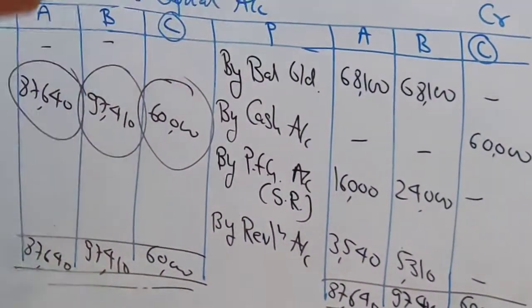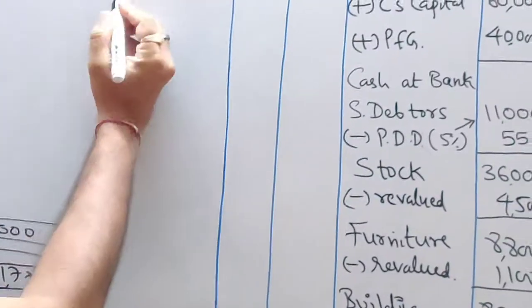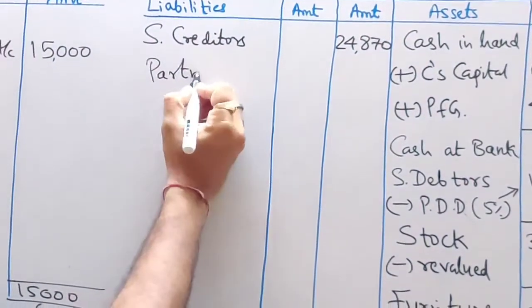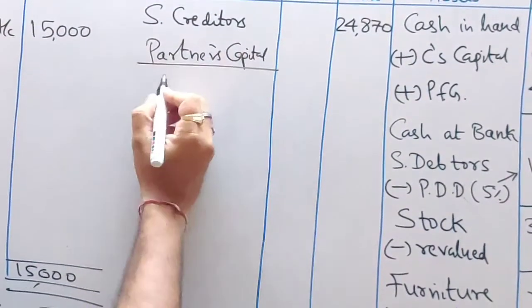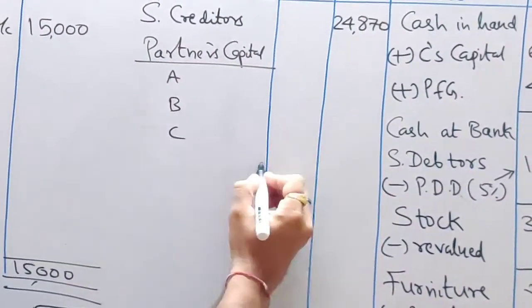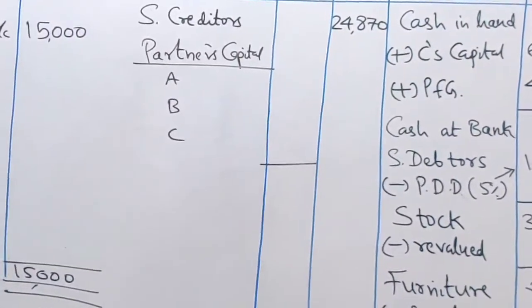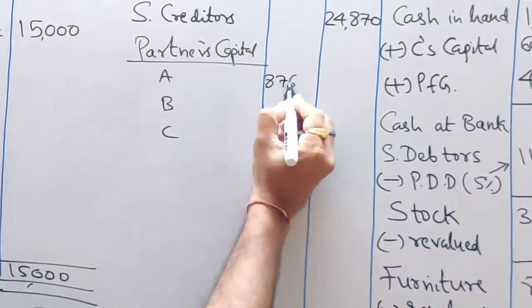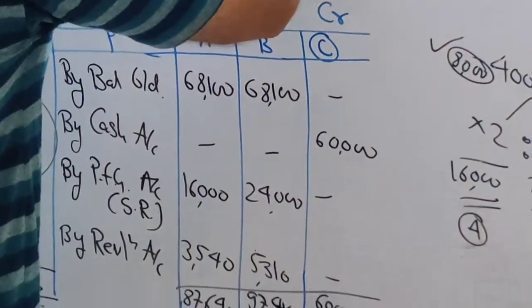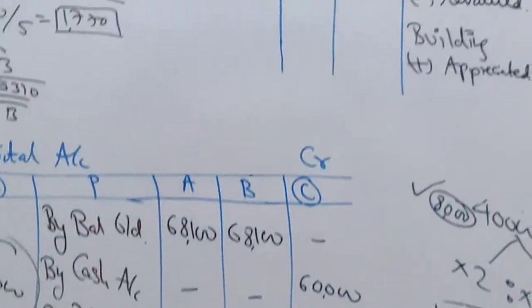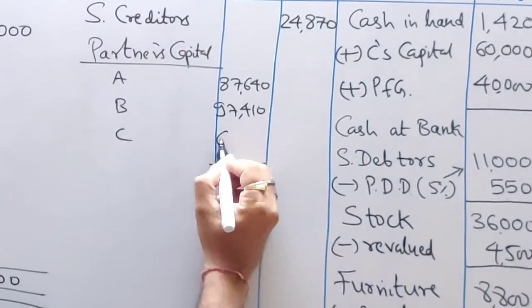Now where to write this balance, students? You will write this balance in the balance sheet on the liability side. You have to give the title partners' capital account and write all three names A, B, C. A's balance you got is 87,640. B's you got 97,410. And C's is 60,000.